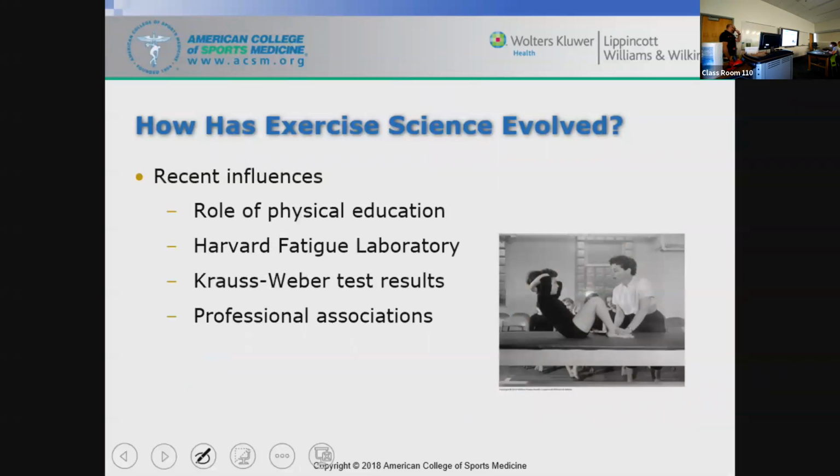Some recent influences. Exercise science has actually been around quite a while. Other than kind of the Greeks and the Romans and Da Vinci, they might not have called it exercise science. It really started within education.